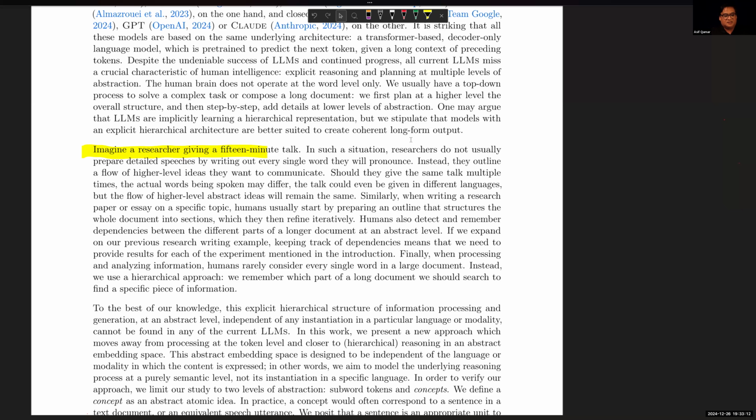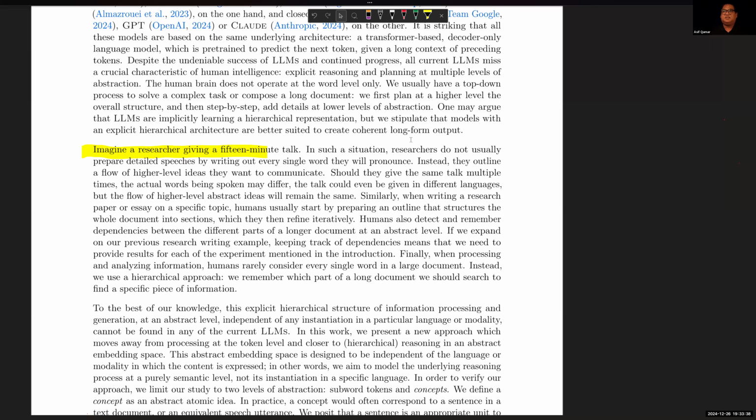If we expand on our previous research writing example, keeping track of dependencies means that we need to provide results for each of the experiments mentioned in the introduction. Finally, when processing and analyzing information, humans rarely consider every single word in a large document. Instead, we use a hierarchical approach. We remember which part of a long document we should search to find a specific piece of information.